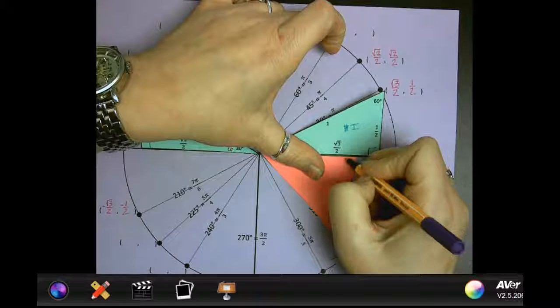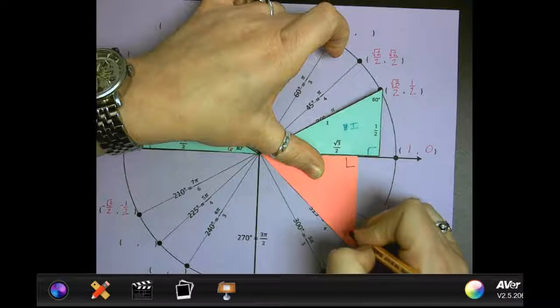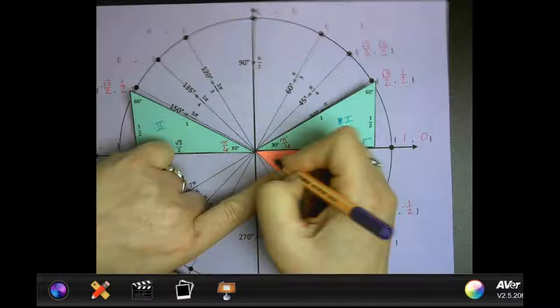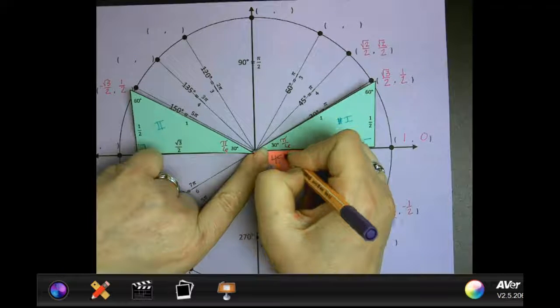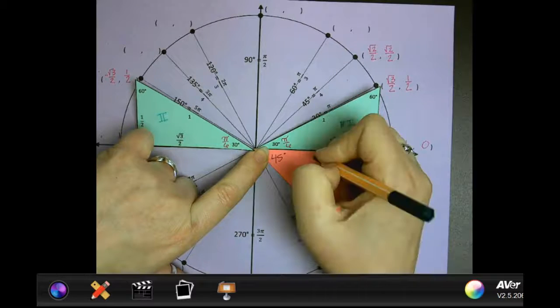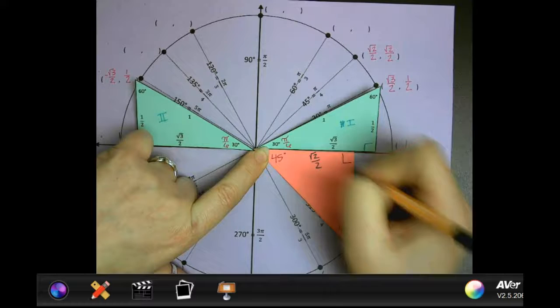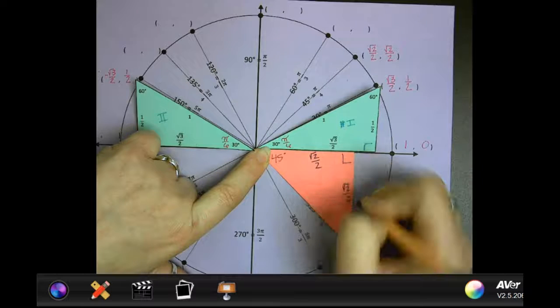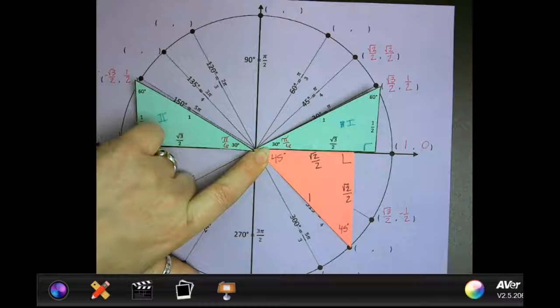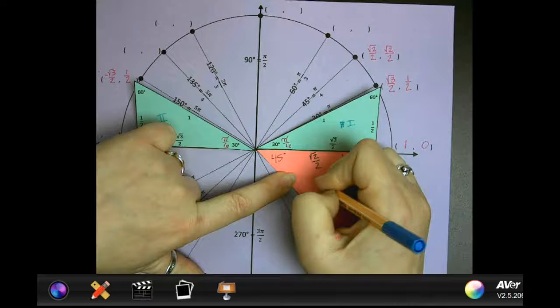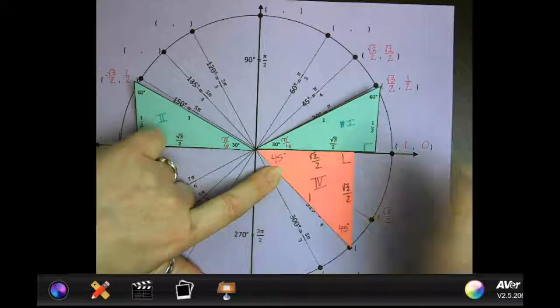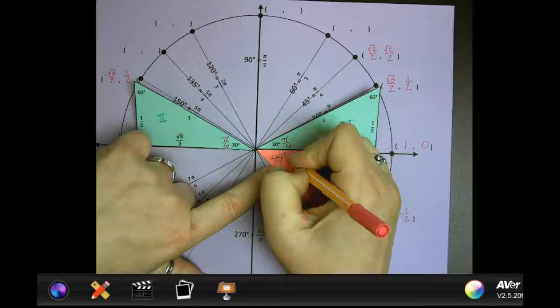So this is 45, 45. Square root of 2 over 2, square root of 2 over 2. Hypotenuse is 1. What quadrant am I in? Fourth. And then this is pi over 4.